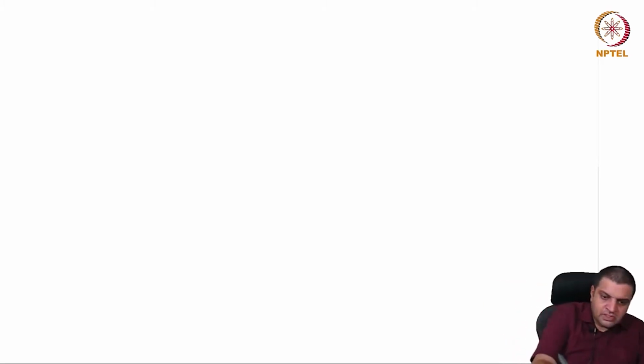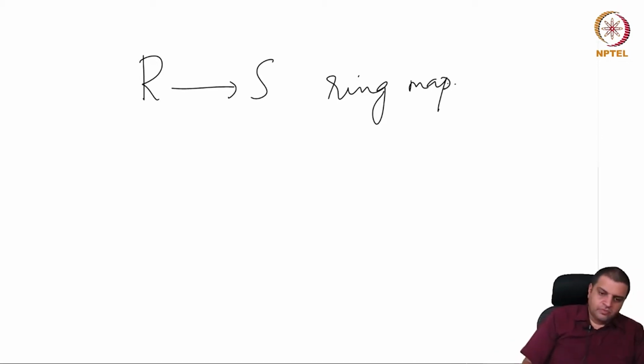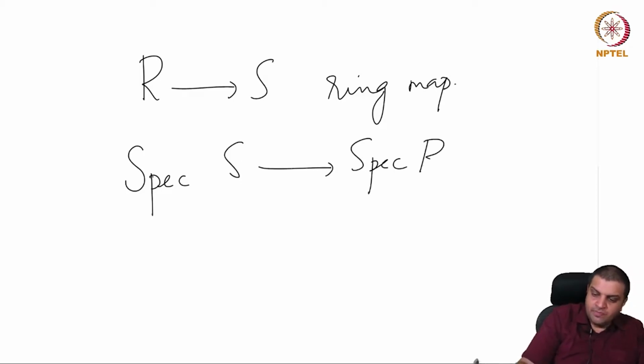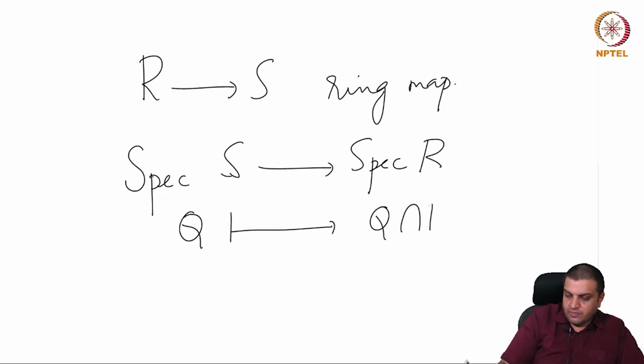So this is the setup that we have. R to S is a ring map, a homomorphism of rings. This gives a map from Spec S to Spec R, in which a prime ideal Q goes to its contraction.